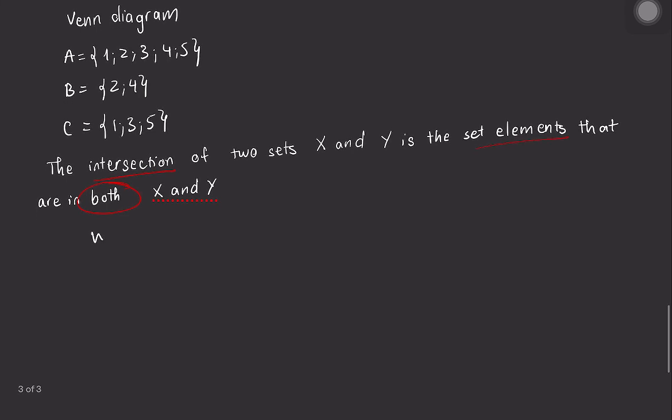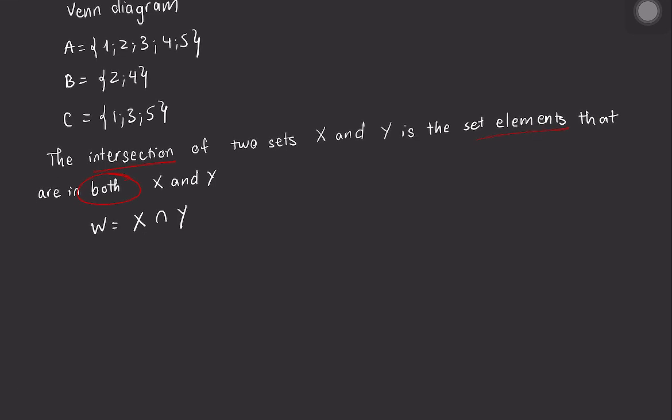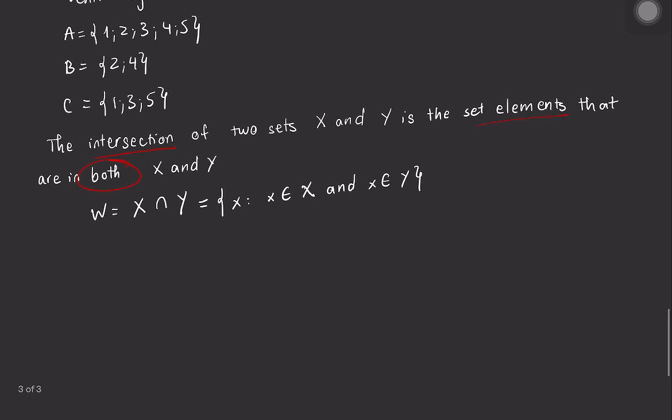Let's call W the intersection of X and Y. For intersection, we denote it with an upside-down U: X intersect Y, so that every element small x belongs to large X and small x belongs to Y.